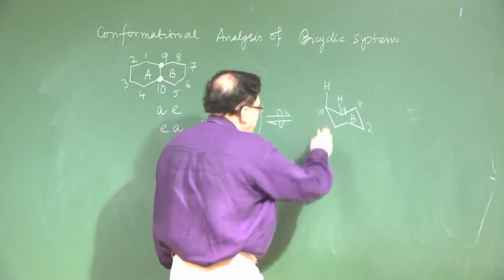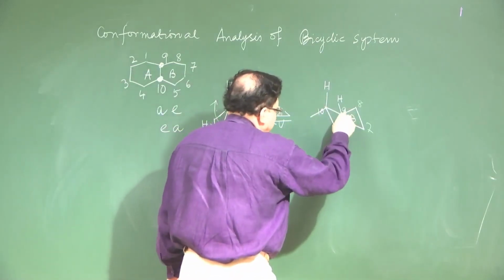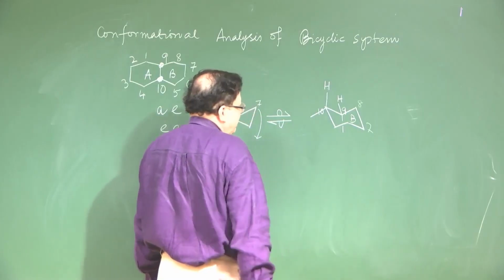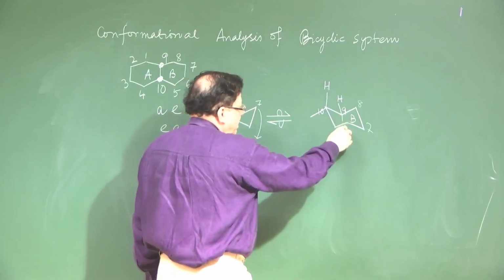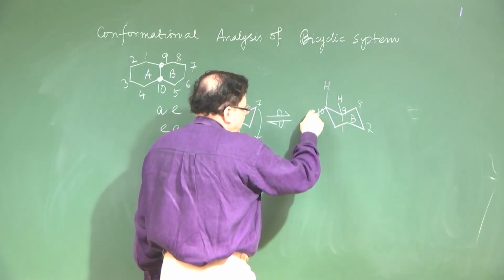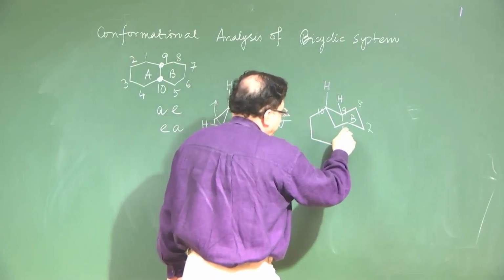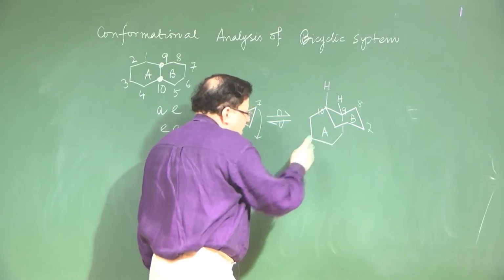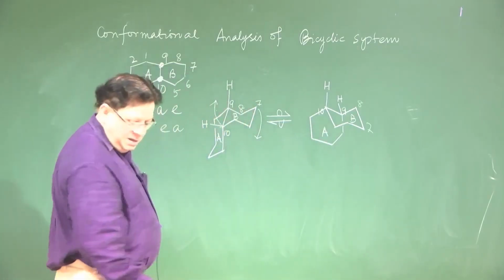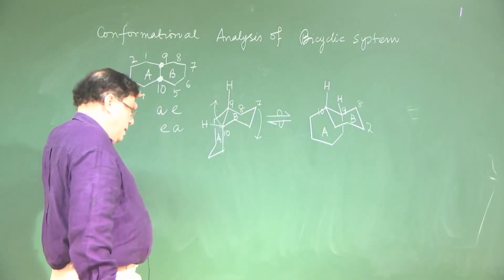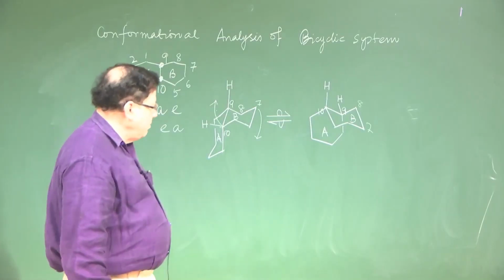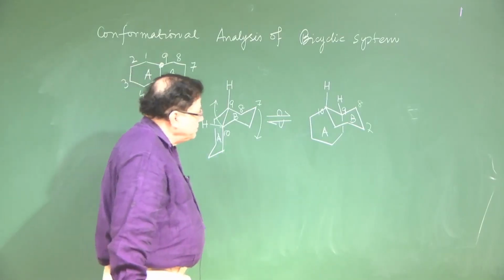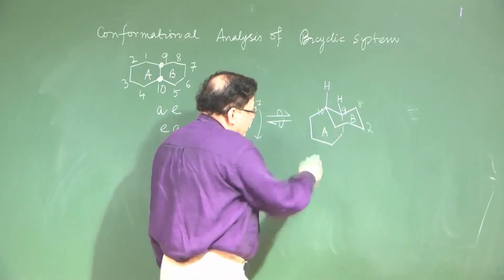Now, the ring bonds will run like this, this is the C9 one and this is the C10. Now, you have to complete the cyclohexane ring. Unfortunately, this cyclohexane ring, that means the A ring, has to be represented as a plain hexagon.